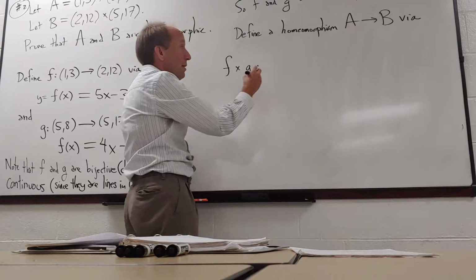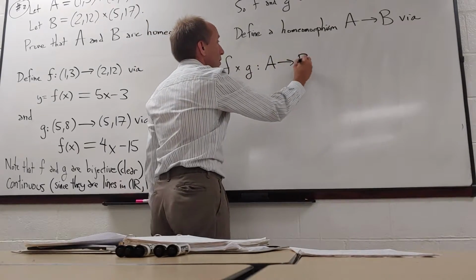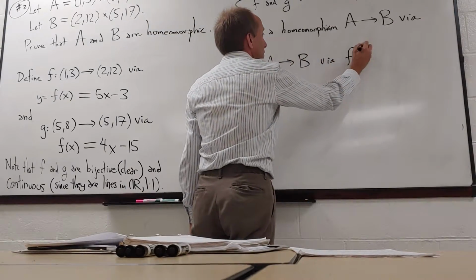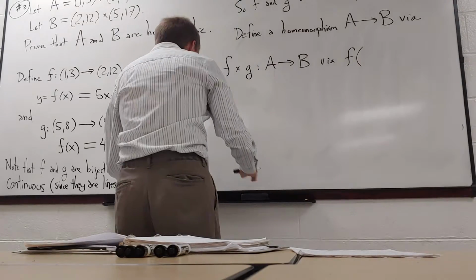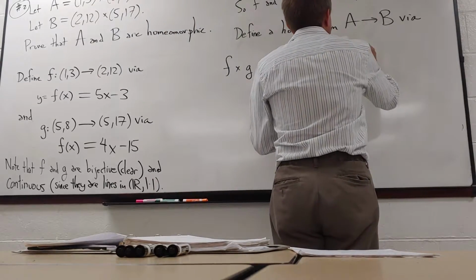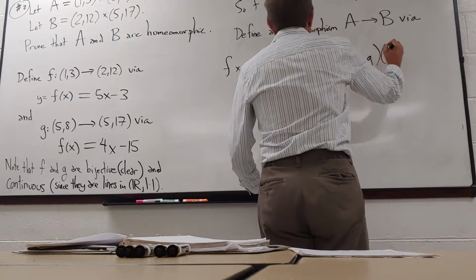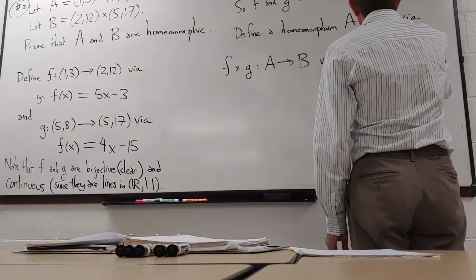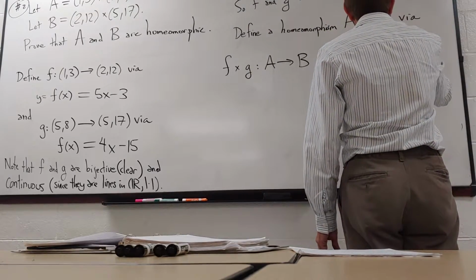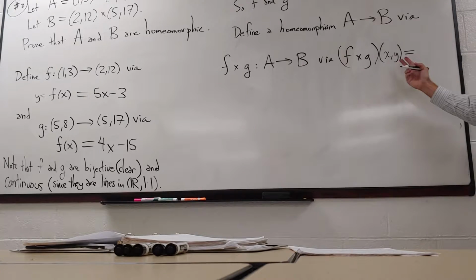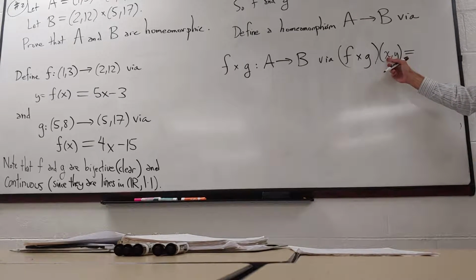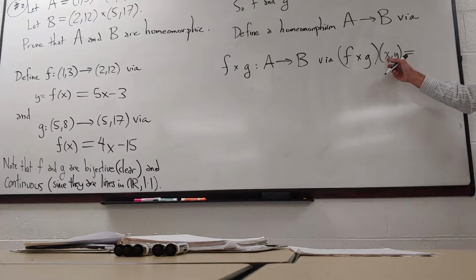F cross G from A to B via F cross G of, let me just call this X and Y here. X is somewhere between 1 and 3, and Y is somewhere between 5 and 8.